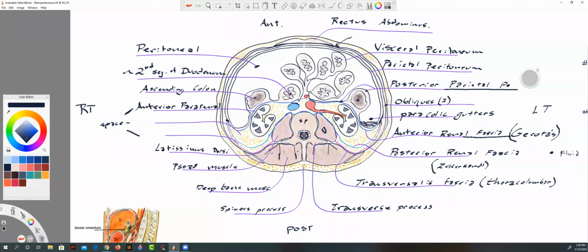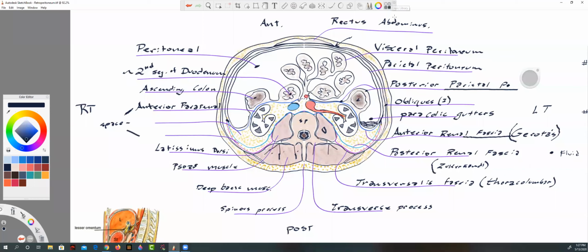It says, anterior pararenal space, bordered anteriorly by the posterior parietal peritoneum and posteriorly by the anterior perirenal fascia. So anterior by the posterior and posterior by the anterior. That's very confusing.